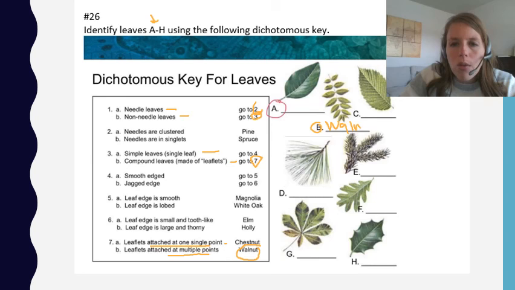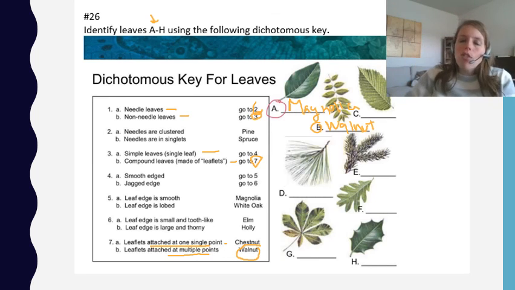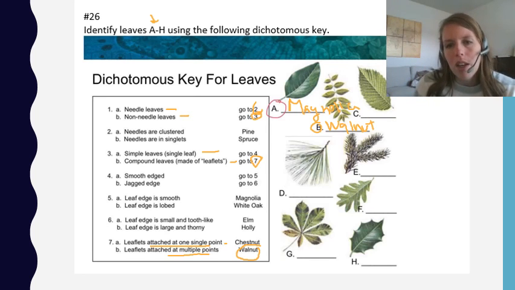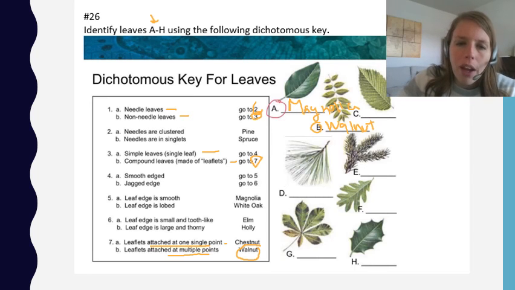These dichotomous keys are kind of fun because you can identify the name of something without really even knowing what it is, but you can do it based on things you observe. That's what's so great about this, because you can observe it, it's a lot easier. Anyway, I did look up this here, the leaf edge is smooth or is lobed.